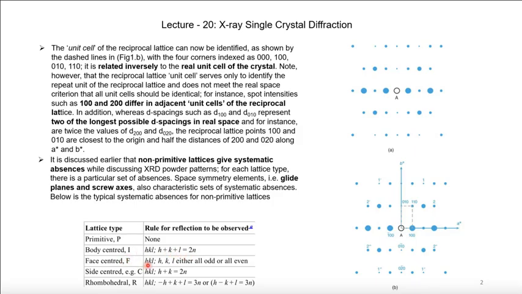For face-centered, h, k, l are either all odd or all even; we do not get odd and even together. For side-centered lattice, we have h + k = 2n. For rhombohedral lattice, -h + k + l = 3n. These are the reflection conditions we will be observing in our reciprocal lattice.